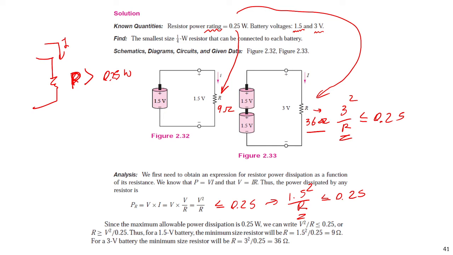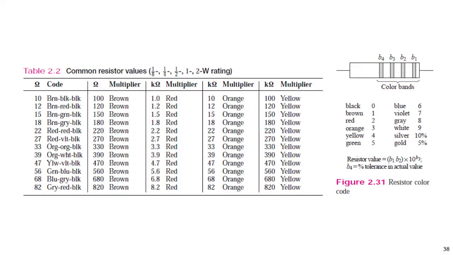Otherwise it will burn. If you would like to connect a resistor smaller than 9 ohm, what should you do? You need to select a higher power rating, a bigger one, 2 watt for example.